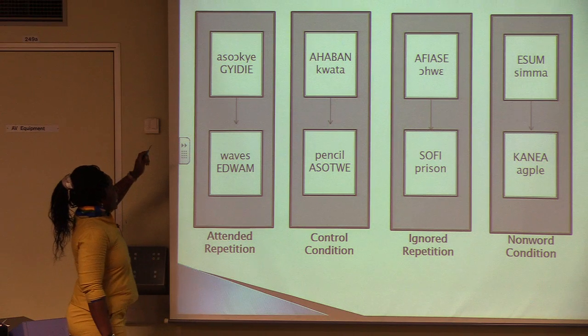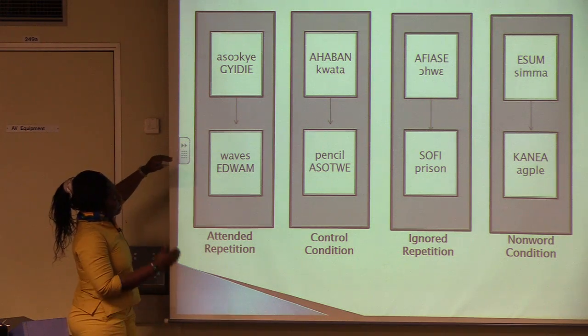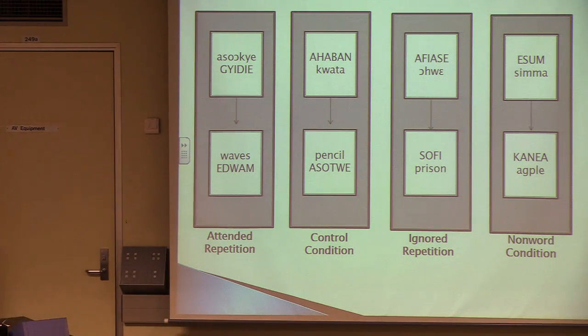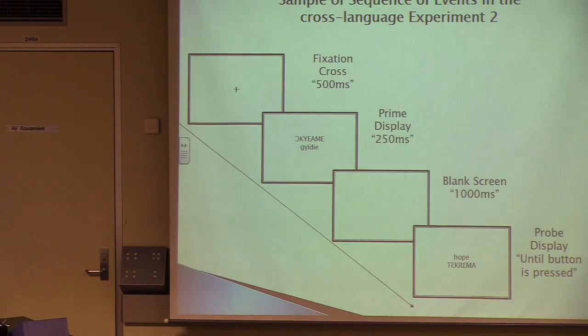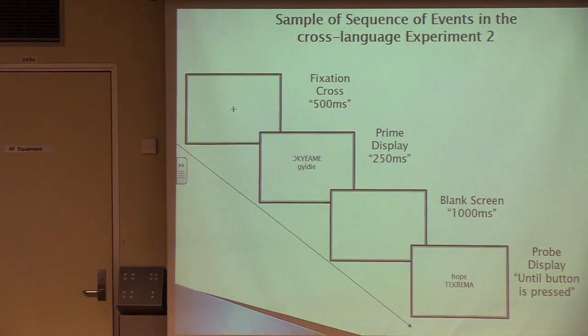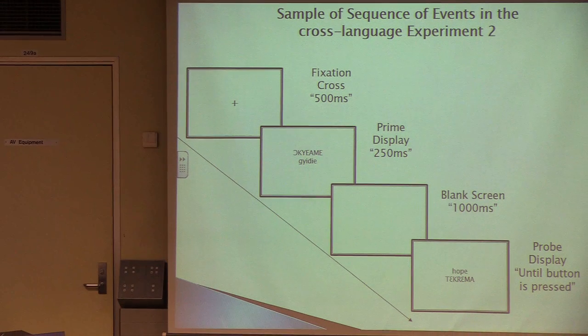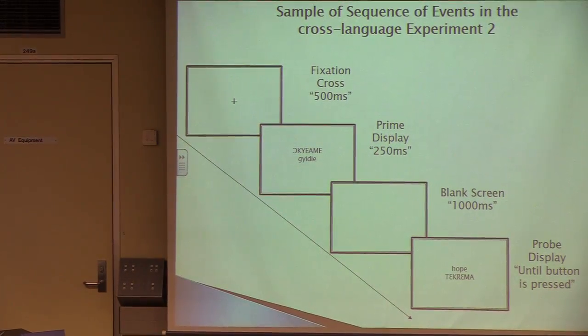Now, I've shown in the text earlier that they are moving in a regularly alternating sequence. The subjects are aware that the first task is to name a word in my first language, which is tree language, and then make a lexical decision to a word in the second language, which is the English language.